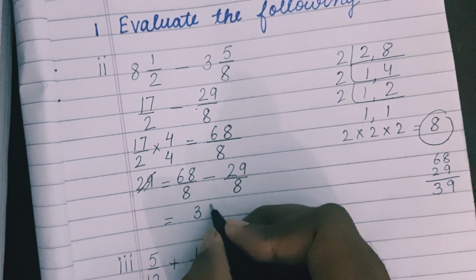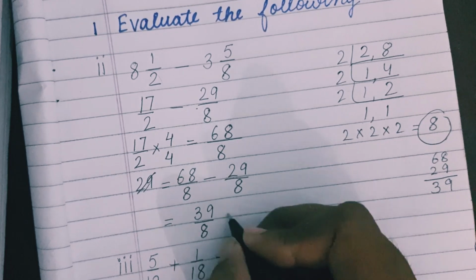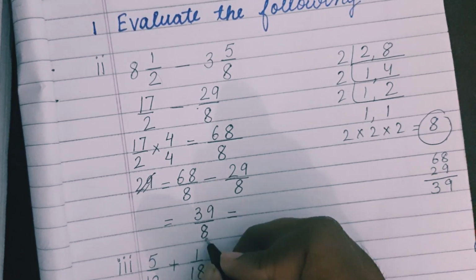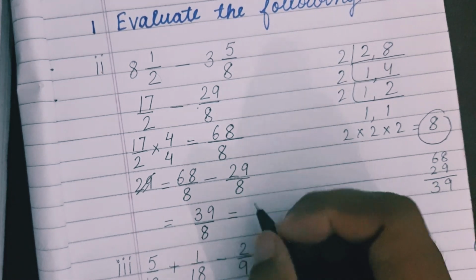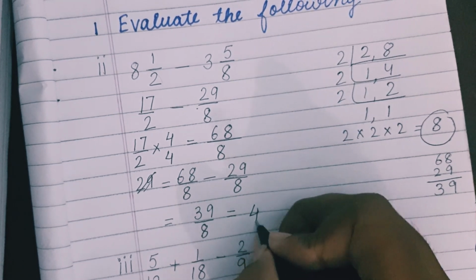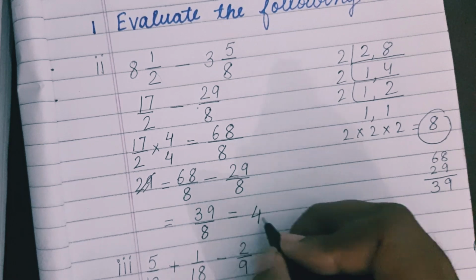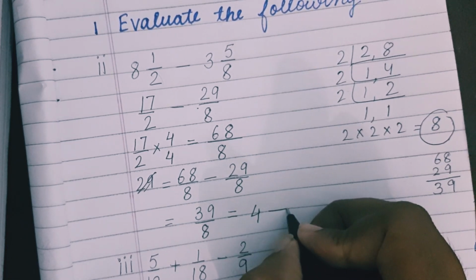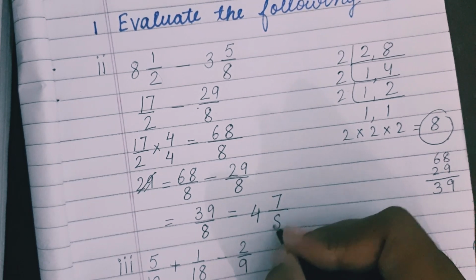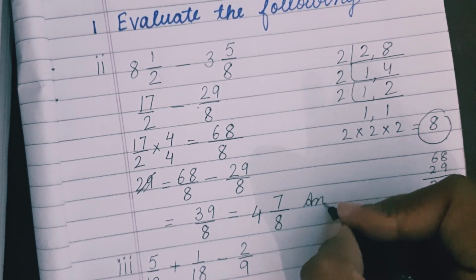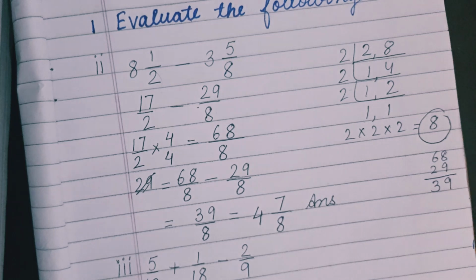So answer will be 39 upon 8, and when you change into mixed fraction, 8 4s are 32, so 4 whole 7 upon 8 will be the answer.